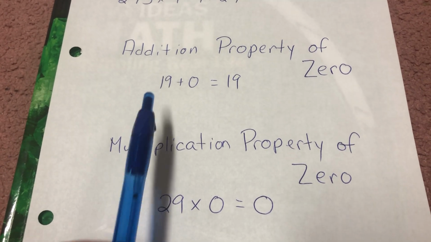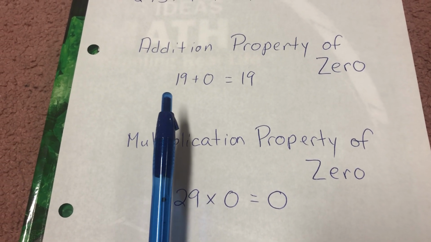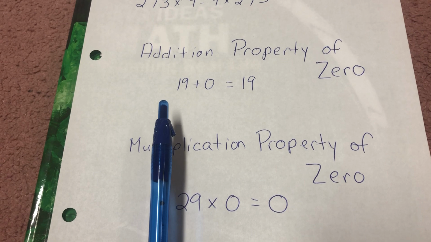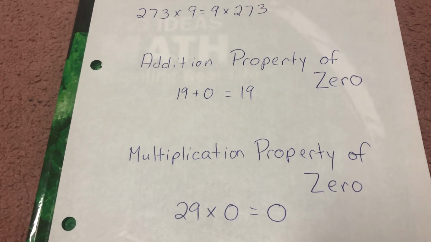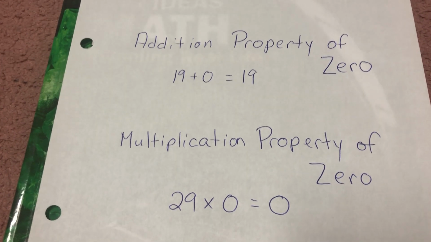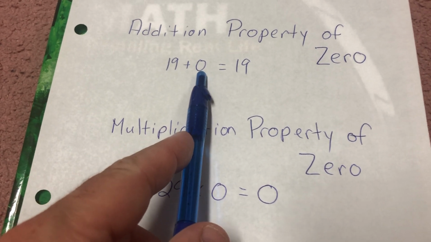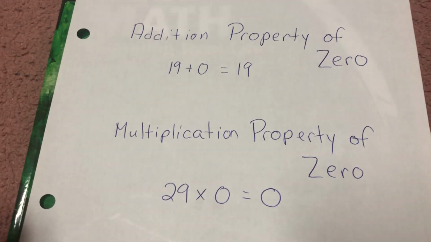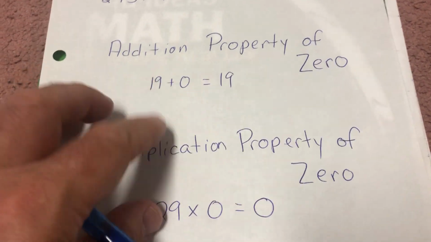And so we have the addition property of 0, the idea being that 19 plus 0 equals 19. The basic idea of the addition property of 0 means if you take a number and you add nothing to it, it's going to equal whatever the number is that you originally had, such as 19 plus 0 equals 19.